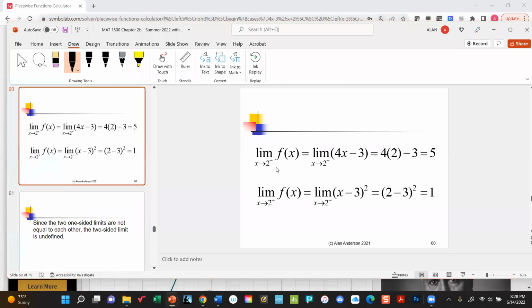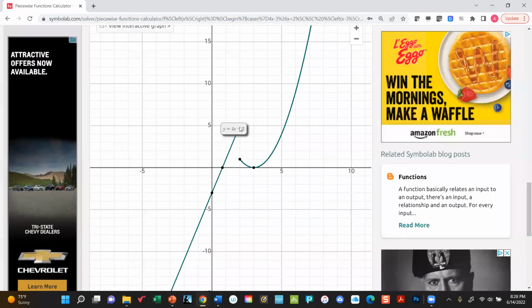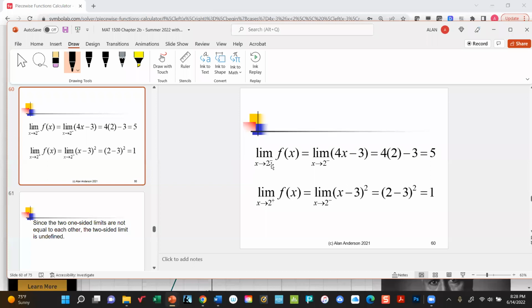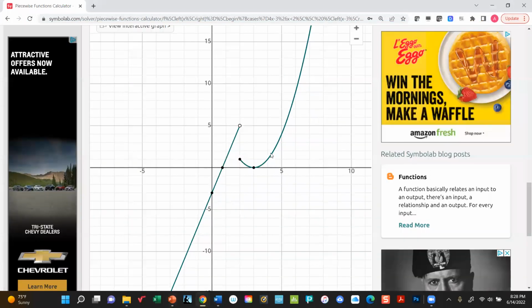Coming from the left, meaning this section, when you plug in 2, you end up with 5, which is what we'd expect from here. It actually says so right here. Now, remember, we have a hole here, but we've seen already that this is still the limit from the left side. The fact that there's a hole there doesn't stop it from having a limit, because as we get closer and closer to 2 from the left, the function gets extremely close to 5. And so that is the limit.